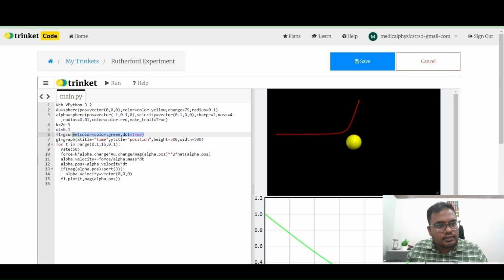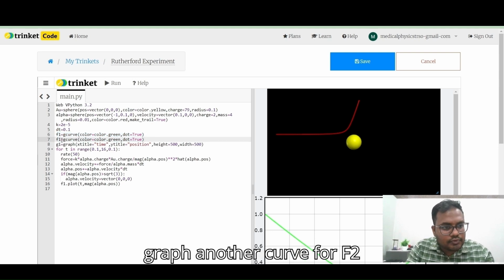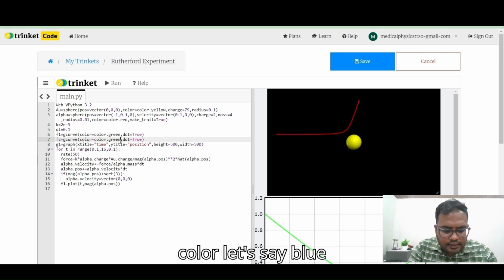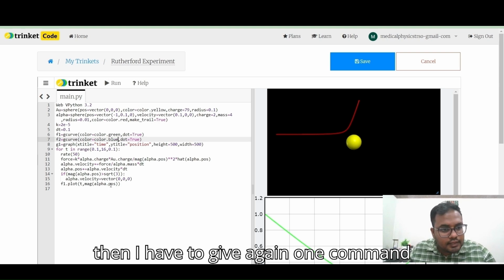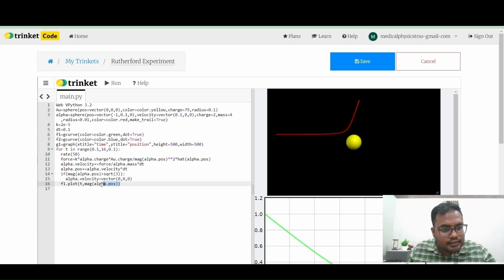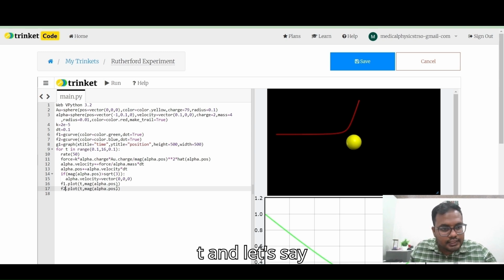Let's do it. I want to copy the signature, so let's copy paste it. Control C, Control V, another graph, another curve for f2, color let's say blue. Okay, then I have to give again one command, that is please f2 plot a graph between t and, let's say, velocity.